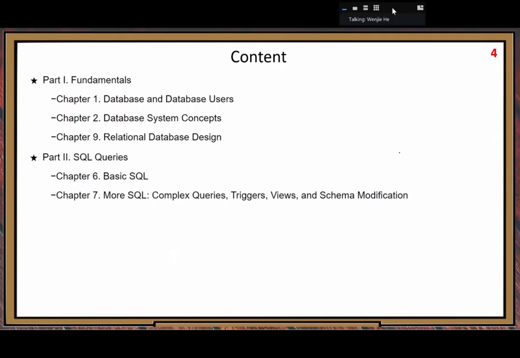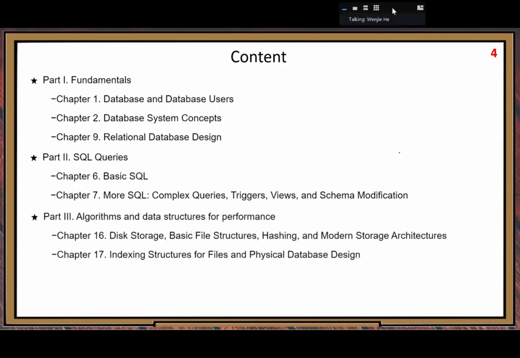So that's part 2. Part 3, algorithms. We also need to understand what happens behind the scenes, so people cannot see it, how to make the database queries very fast.